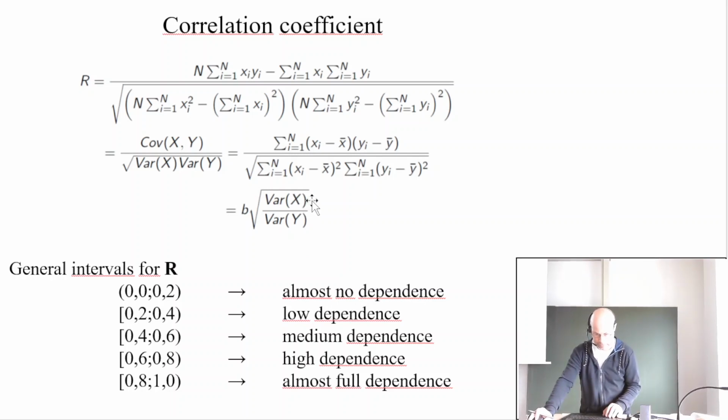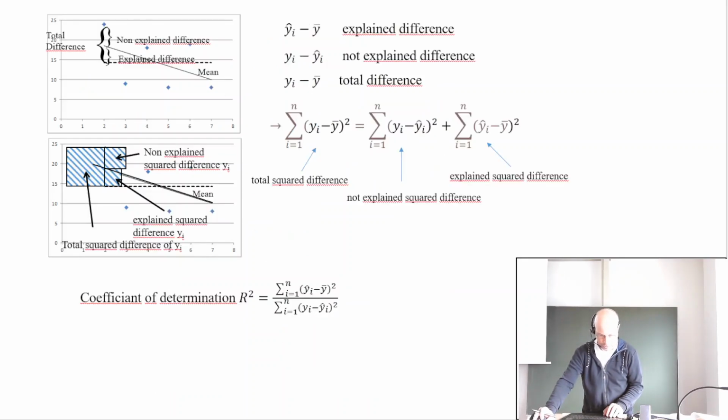Or we can also use this formula for r squared, and then since we know that we have a positive dependence, we can calculate backwards the correlation coefficient.